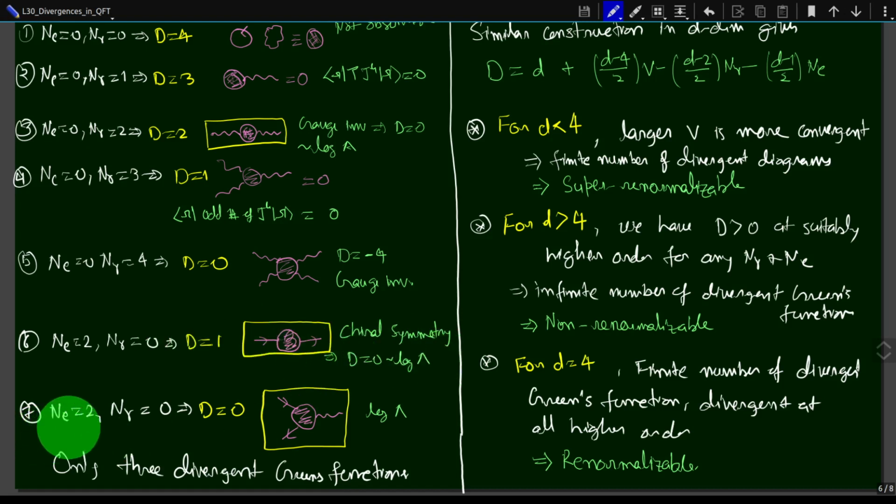And here for N equal to 2 and gamma equal to 1, the degree of divergence is 0, and this is a logarithmically divergent one.